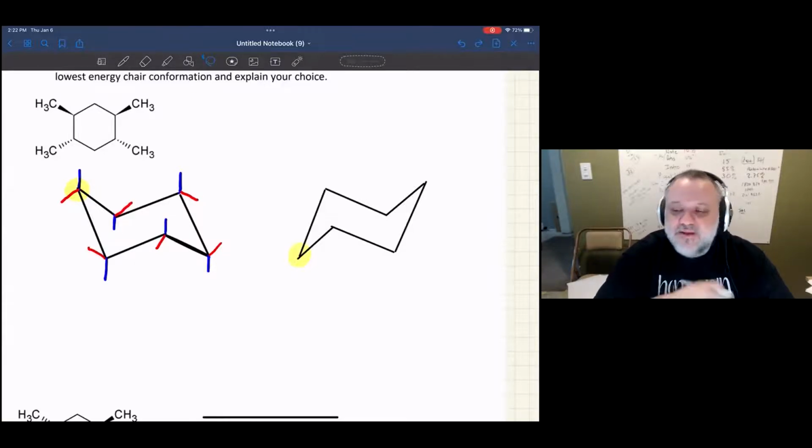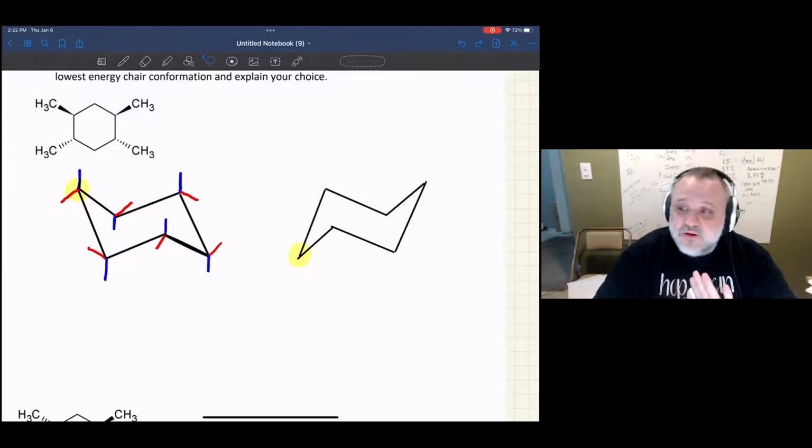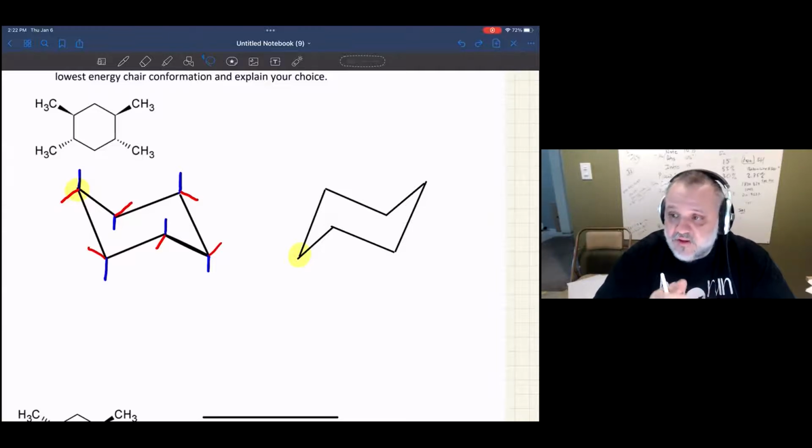Now, in order to figure out a way to draw bonds consistently that I don't have to think about every time, I still start at the upper left-hand atom. I'm using two different colors, so I have to remember that what was an equatorial bond becomes an axial bond, and what was an axial bond becomes an equatorial.